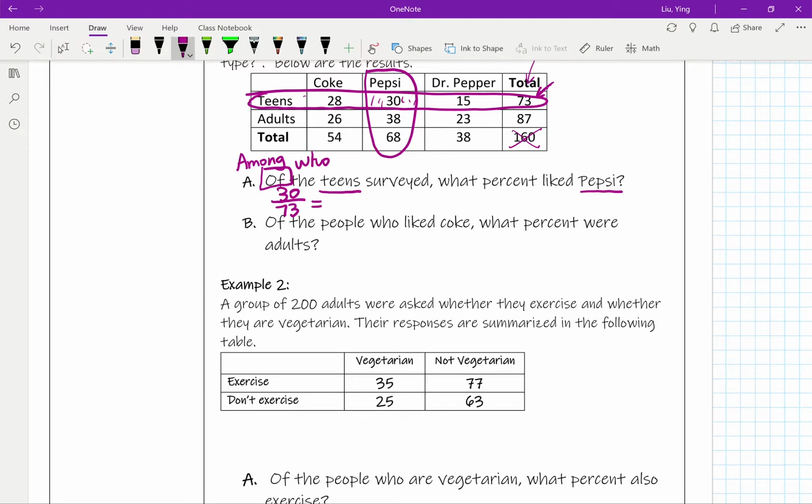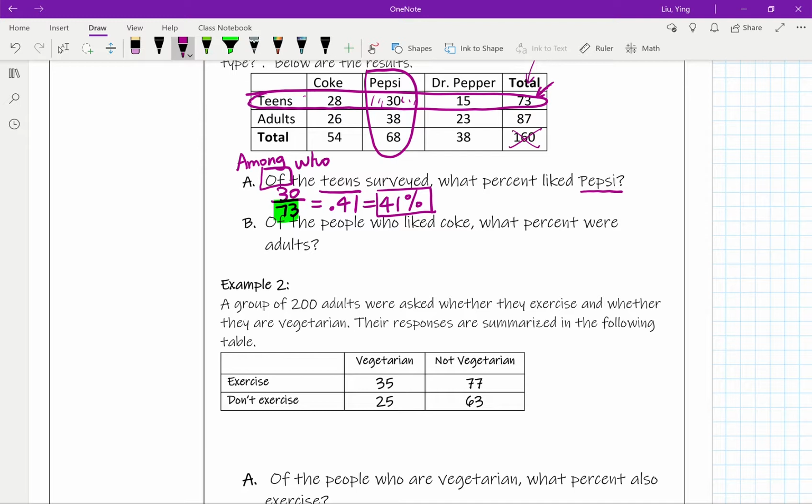We're going to get 0.41 if we round it. And then we're going to multiply 0.41 by 100, and that's going to be 41%. And that's the answer. So again, the difference here is this total right here. It's not the total. It's just the teens.